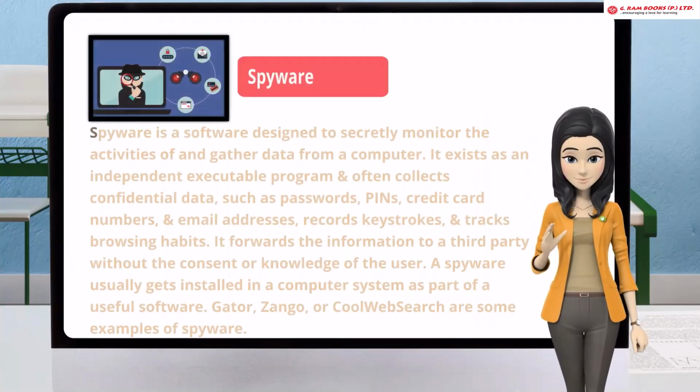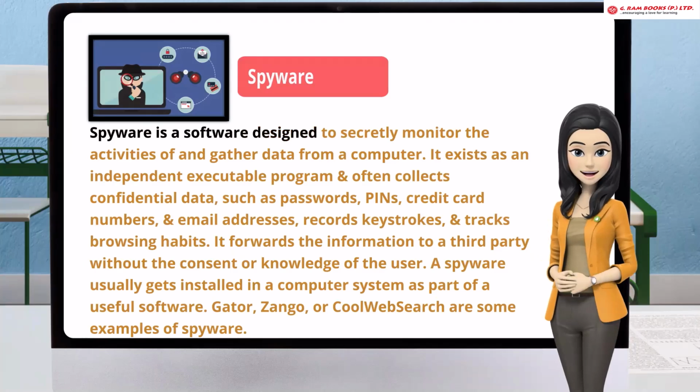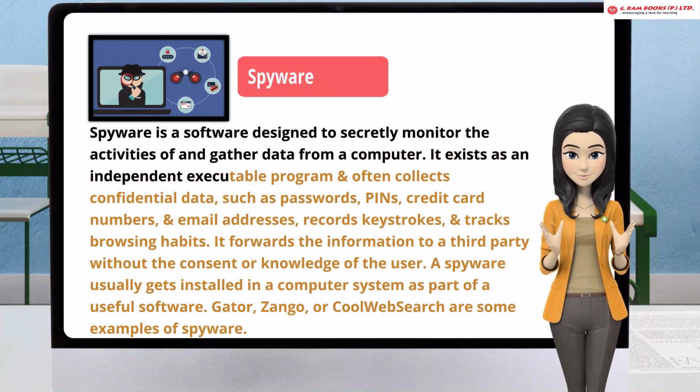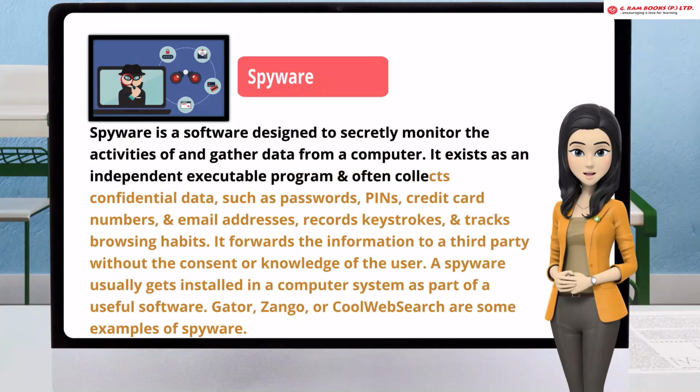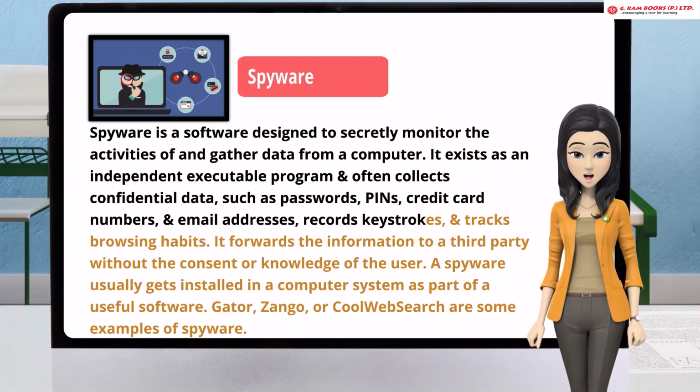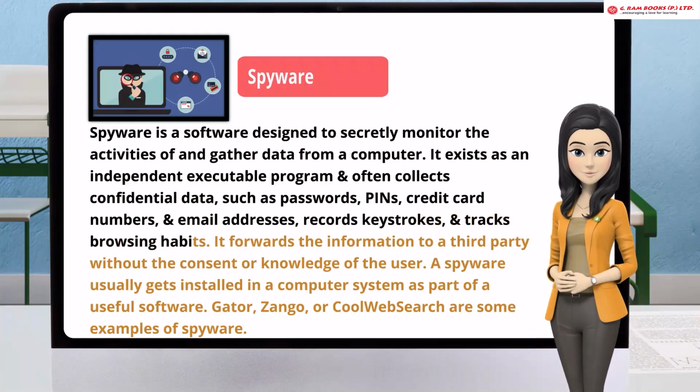Spyware. Spyware is a software designed to secretly monitor the activities of and gather data from a computer. It exists as an independent executable program and often collects confidential data such as passwords, PINs, credit card numbers, and email addresses, records keystrokes, and tracks browsing habits.